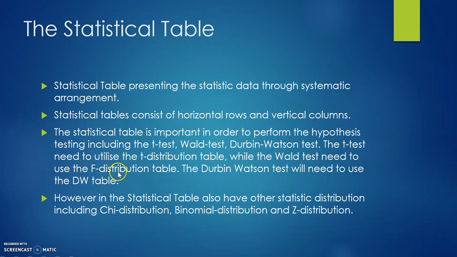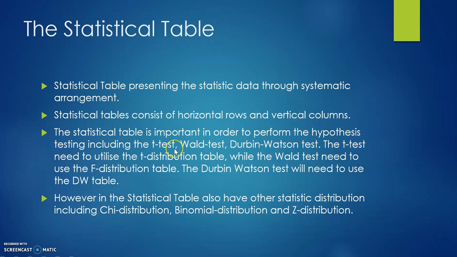The t-test needs the t-distribution table, while the Wald test needs the f-distribution table. For the Durbin-Watson test, we need to use the DW table. However, the statistic tables also have other statistic distributions, including chi distribution, binomial distribution, Z distribution, and some others.